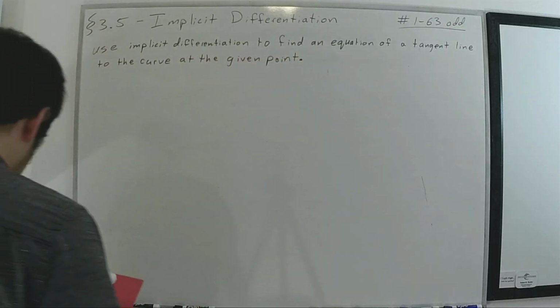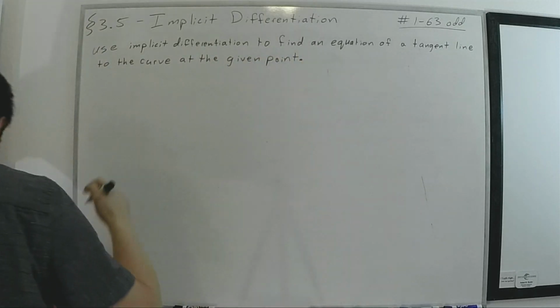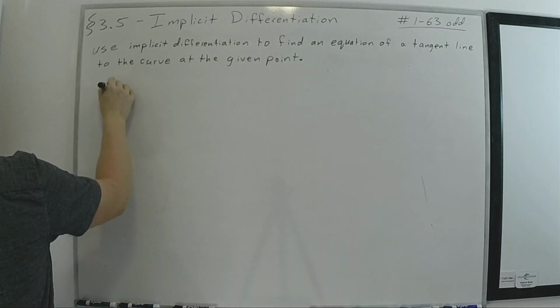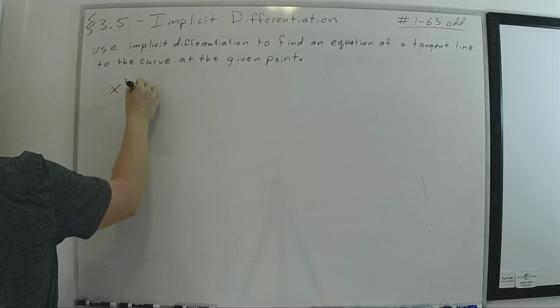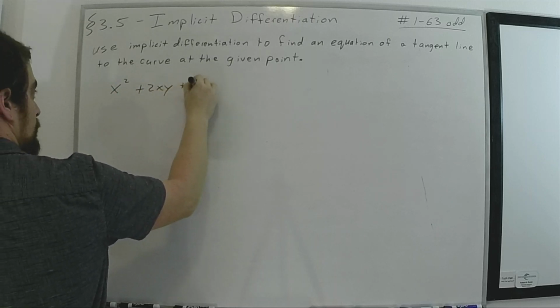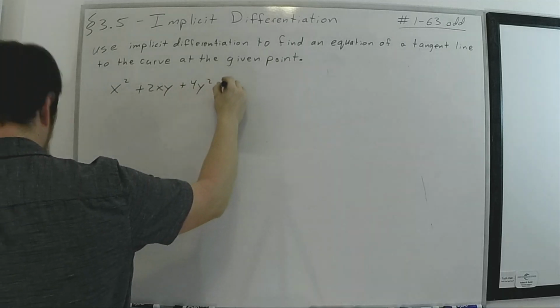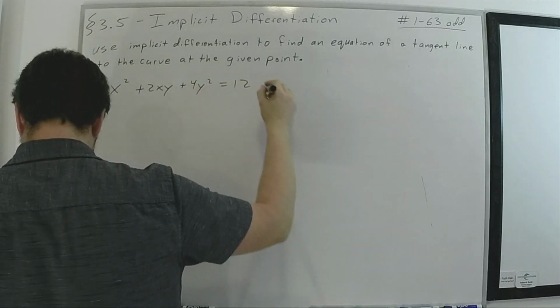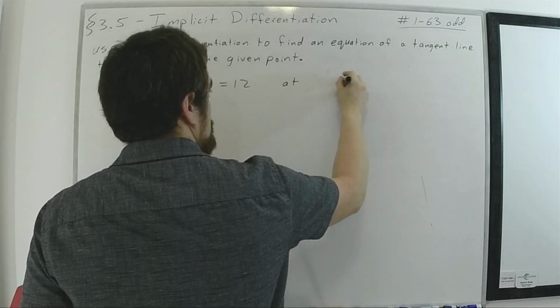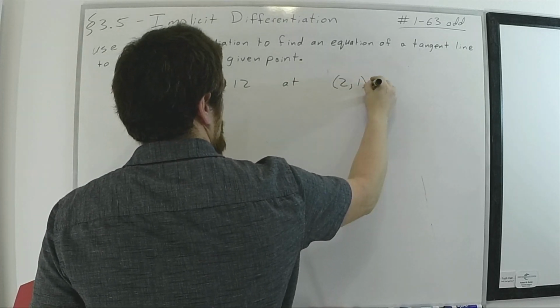And we'll look at, this will be x squared plus 2xy plus 4y squared equals 12 at the point (2, 1).